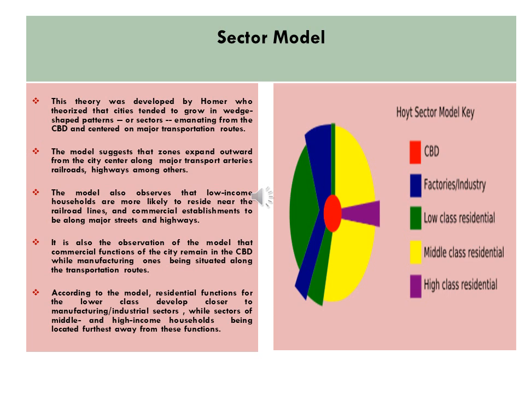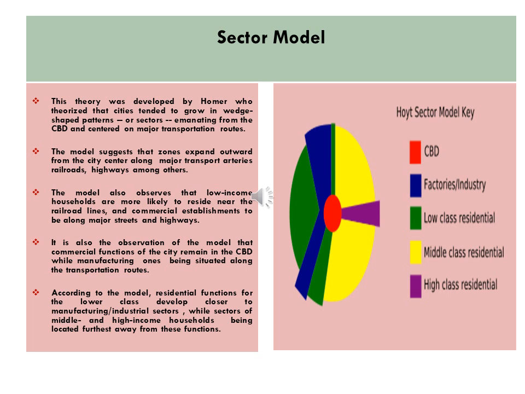The concentric ring model insists that a city grows in rings, in a circular manner. However, the sector model insists that a city does not grow in a circular manner, but along the major transportation routes. So the model suggests that zones expand outward from the city center along major transport arteries.